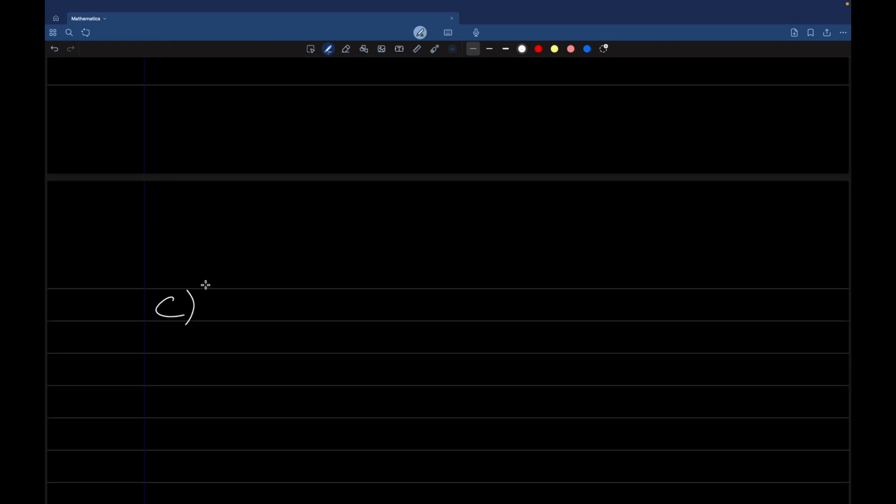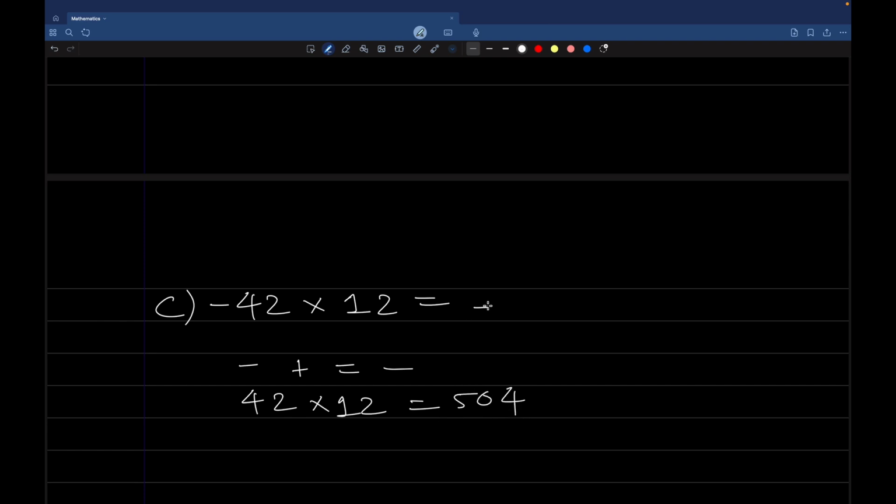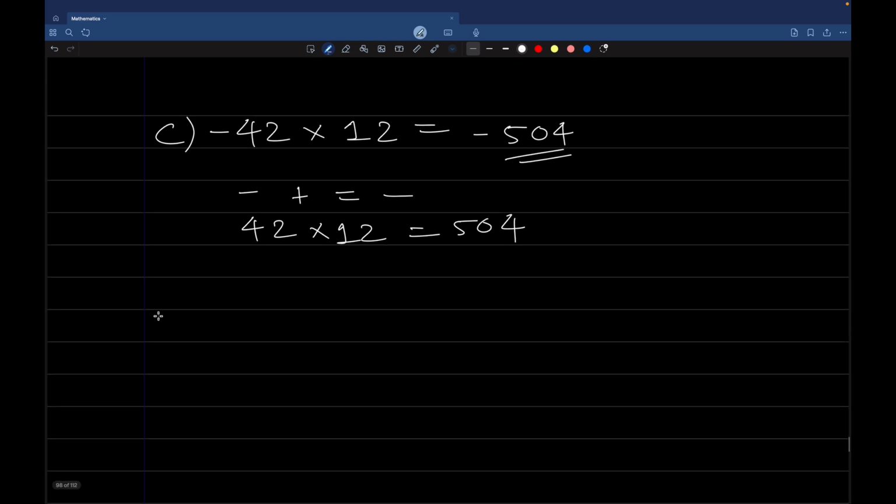C, minus 42 into 12, we have minus into plus is minus. 42 into 12 is 504, so answer is minus 504.